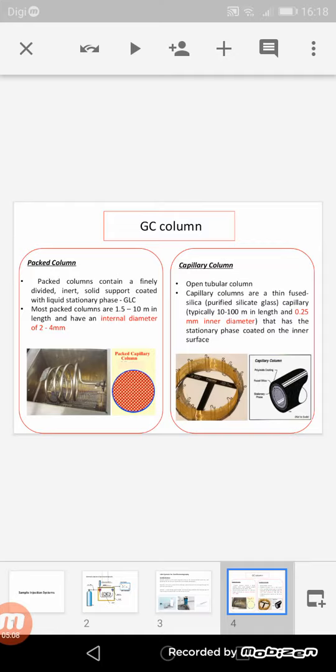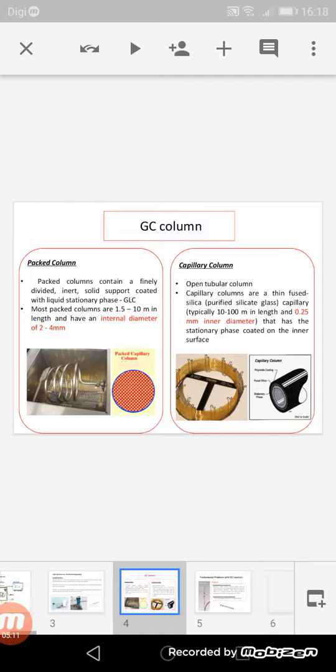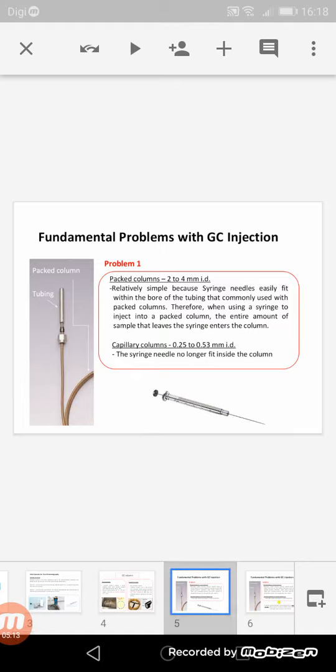Well, the fundamental problem with GC injection. For the packed column, it is relatively simple because the syringe needle easily fits within the bore of the tubing commonly used with packed columns. Therefore, when using a syringe to inject into a packed column, the entire amount of the sample that leaves the syringe enters the column.